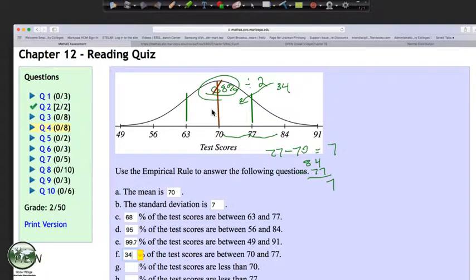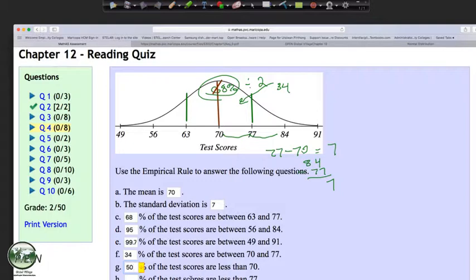It's very visual. You have to get used to looking at the normal curve. When I was learning this, I would always draw a little normal curve, and then go half above, half below. And you'll see the calculator we're going to use does the same thing.